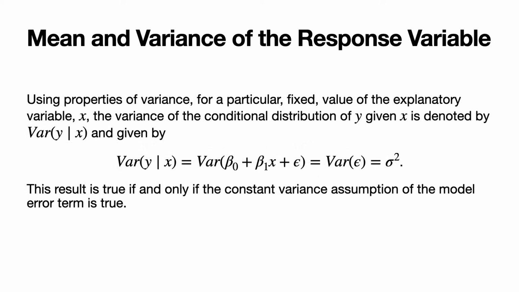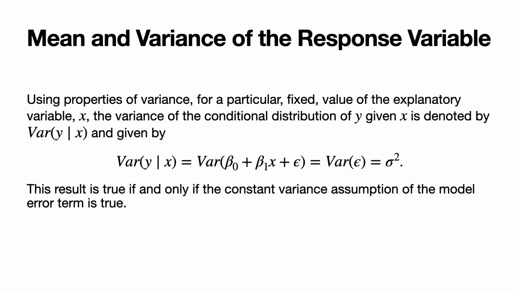Using properties of variance, for a particular fixed value of the explanatory variable x, the variance of the conditional distribution of y given x is denoted in the following way: var of y given x.